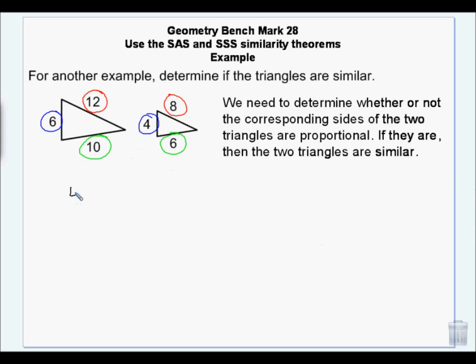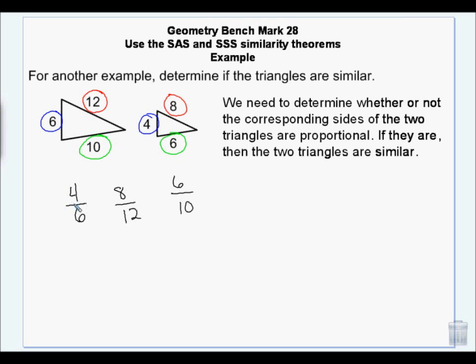So I need to set up fractions. I chose to do small over large for all 3. You could do large over small for all 3, but you just have to make sure that the small is all on the top or all on the bottom.